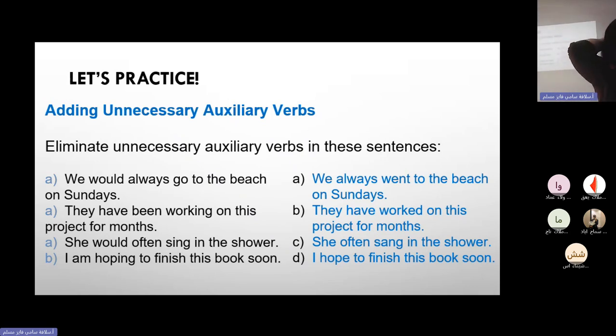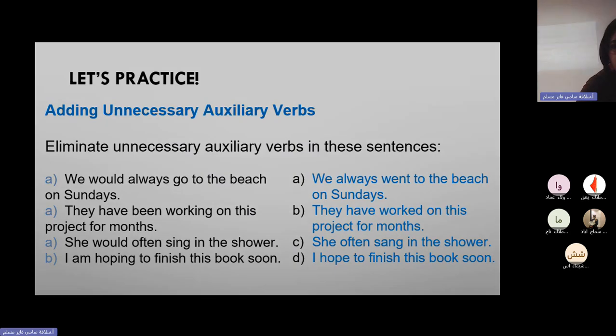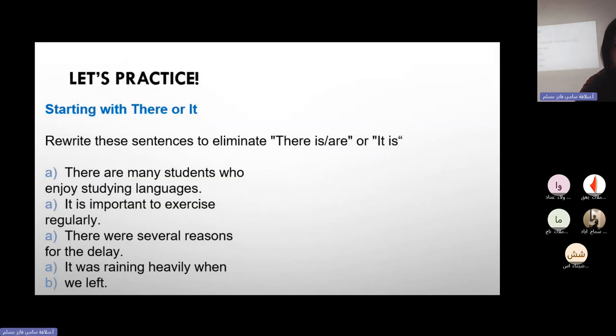All right. There is one last exercise that we can do, starting with there or it. Okay. Take it out. Eliminate there is, there are, or it is.